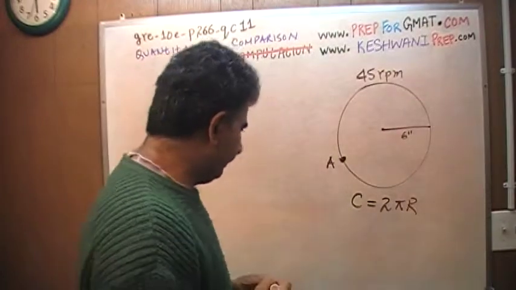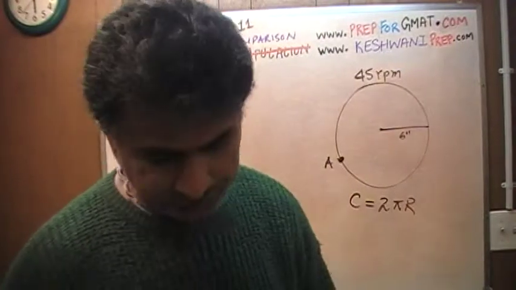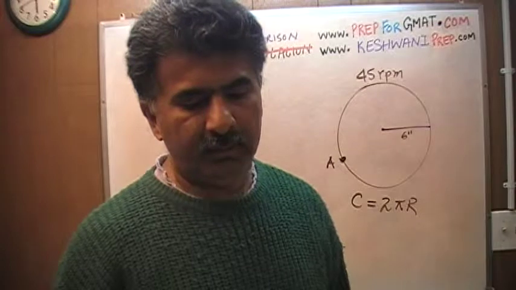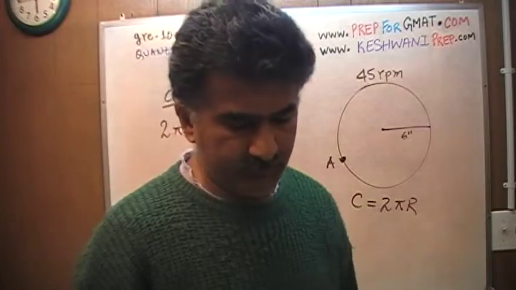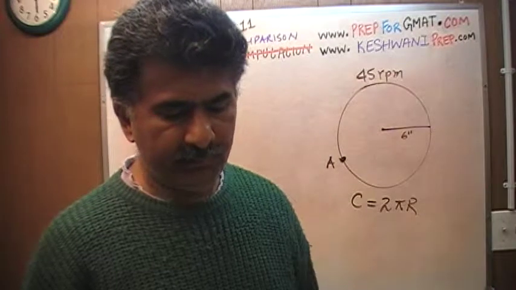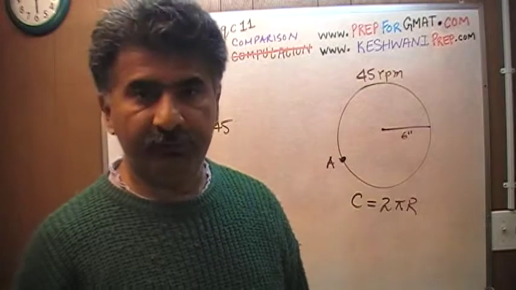Now let's look at point B. Where is point B located? The number of inches traveled per minute by a point on a record 5 inches from the center. So this is very important.